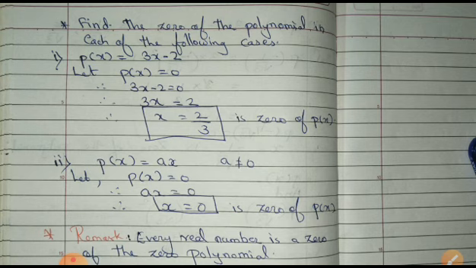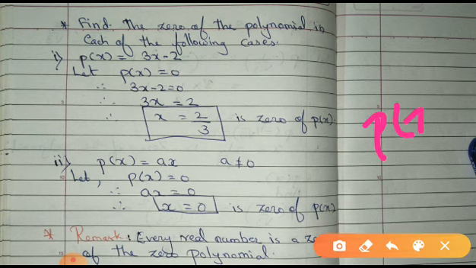Okay. And the remark is, every real number is a 0 of the 0 polynomial. We know that the 0 polynomial is p of x equal to 0. So if I substitute p of minus 1, what will I get? I don't have any variable on the right hand side. It is just 0.